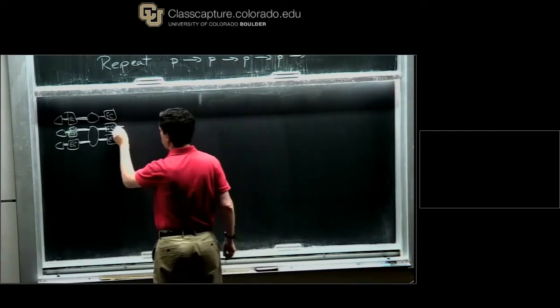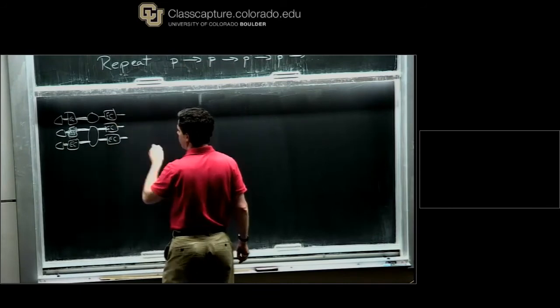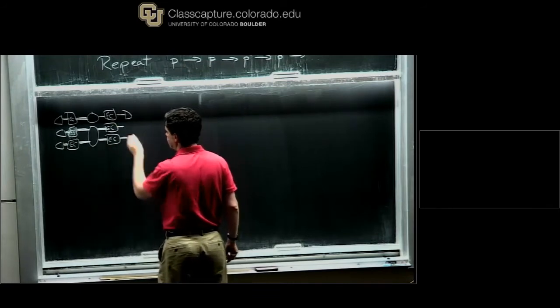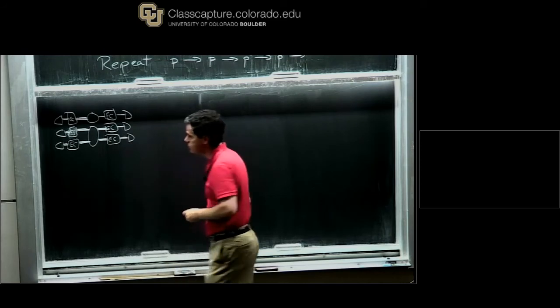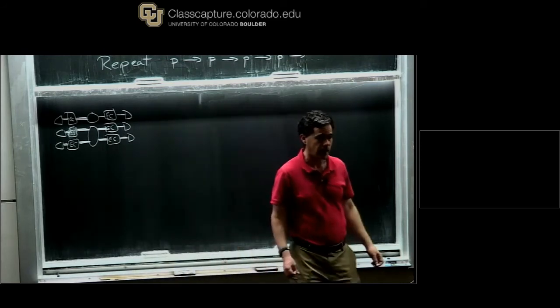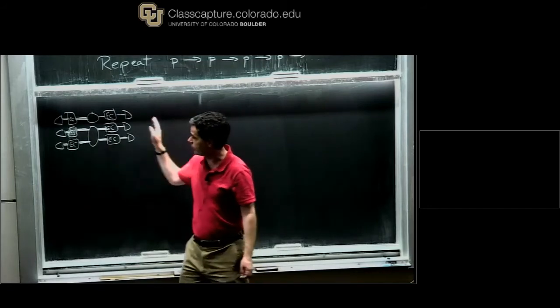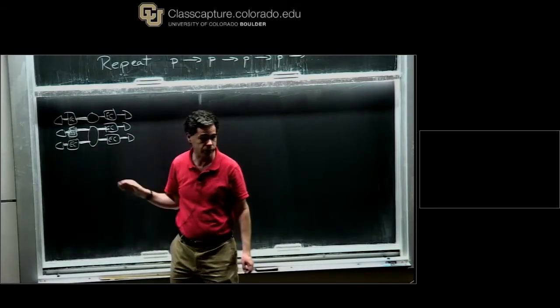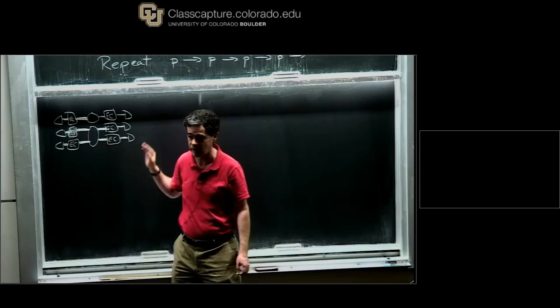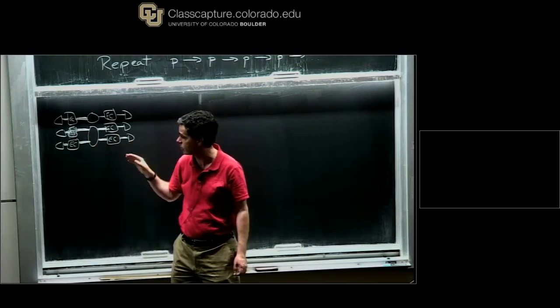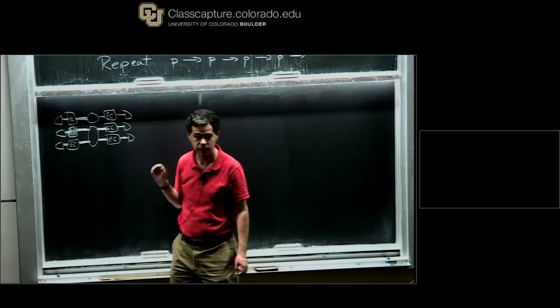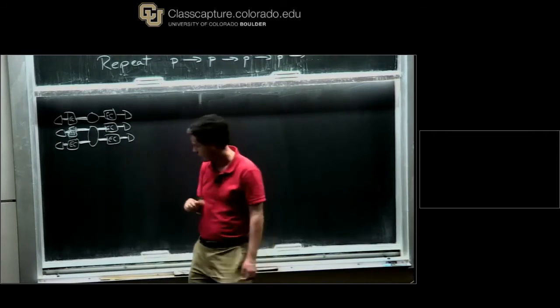Then we stick in error correction after that, and maybe do some measurements. So this is, at a schematic level, what our fault-tolerant circuit will look like. It's a sequence of gadgets: preparation gadgets, error correction gadgets, gate gadgets, and measurement gadgets.